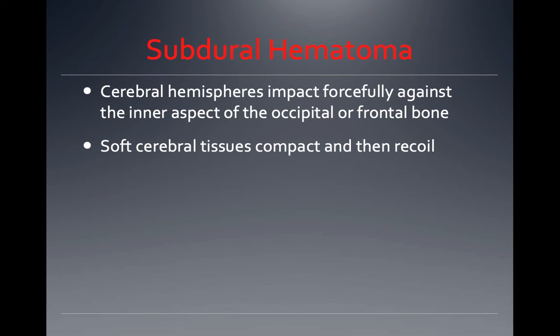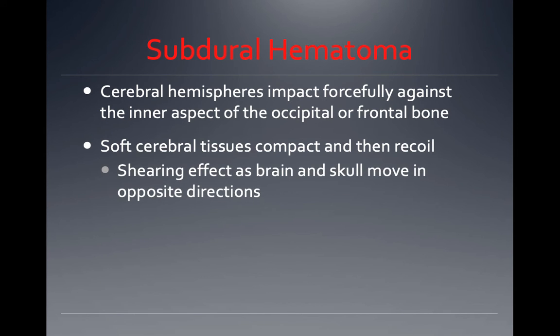And soft cerebral tissue is also impacted, and so what happens is the brain again is either hit or can hit these bones, and then it recoils and you get that shearing. So what happens is those vessels get pulled on and then they rip.